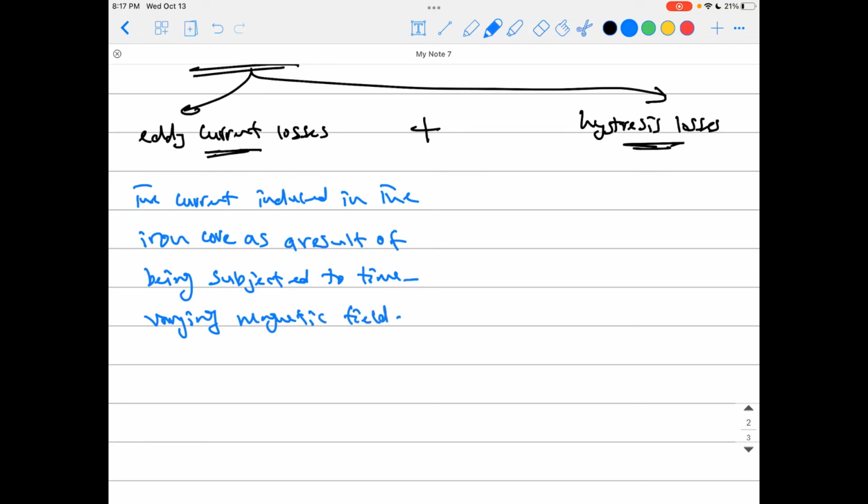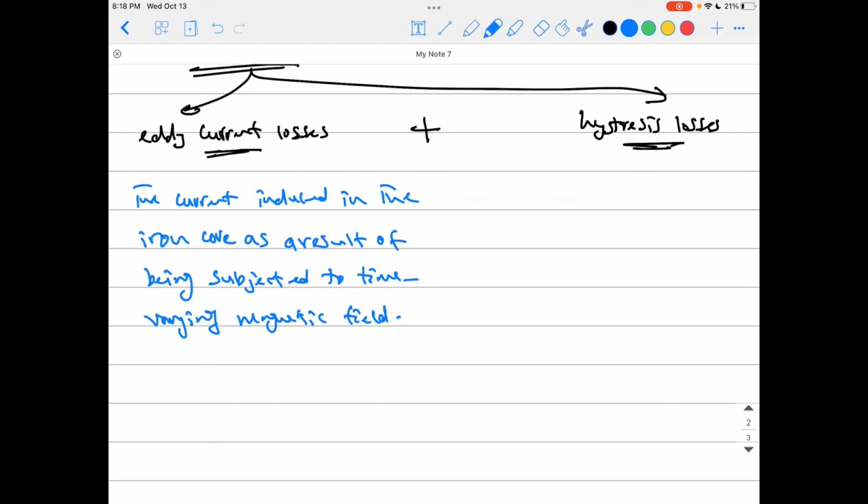Remember, like we said before, Faraday's law: if you have a conductor crossing a time varying magnetic field, a voltage will be induced into it, and that will pass some current if it's closed. The iron core itself is a poor conductor for electricity. It's not copper, it's not aluminum, but it still can conduct some electric current.